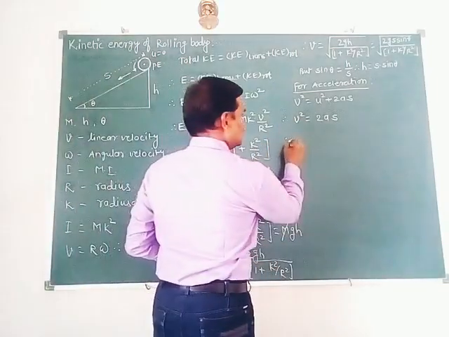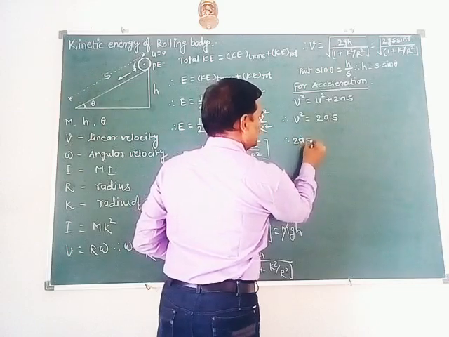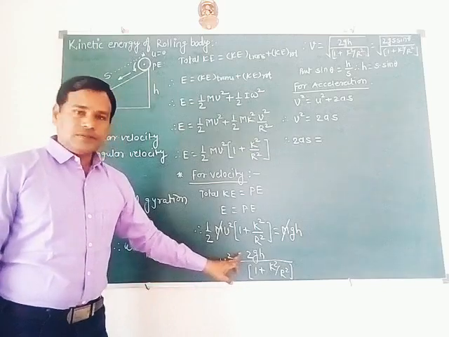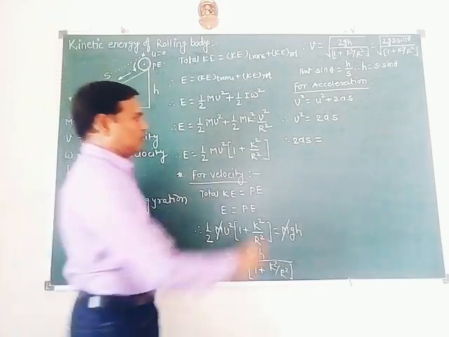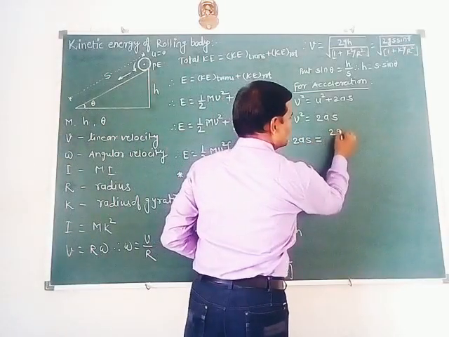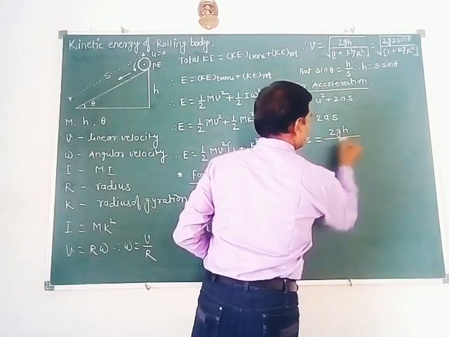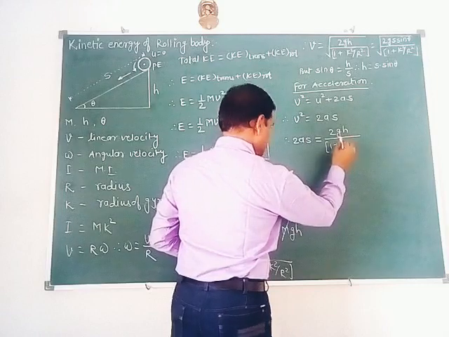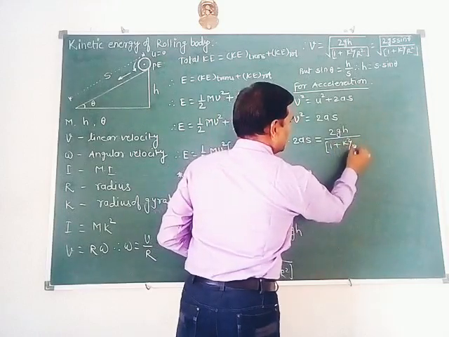So this 2as is equal to, in this form, velocity square, v square equal to 2 into g into h divided by 1 plus k square by r square.